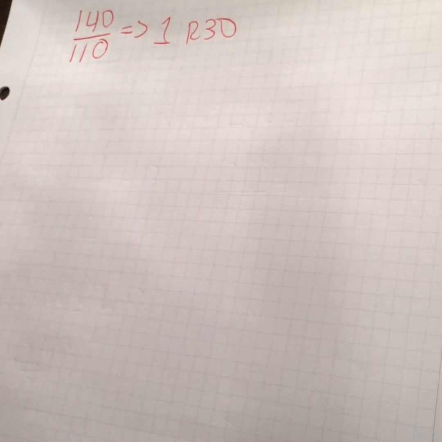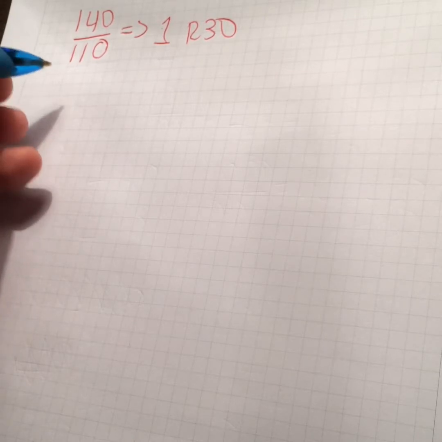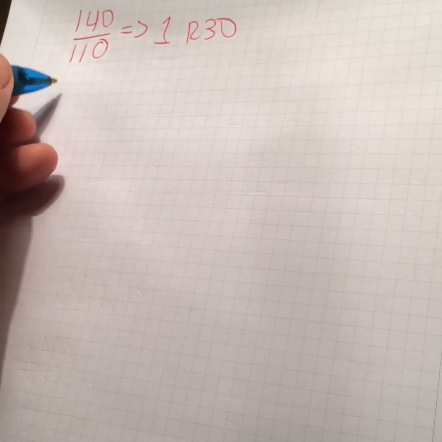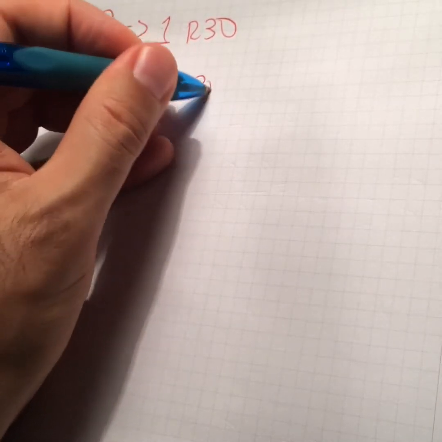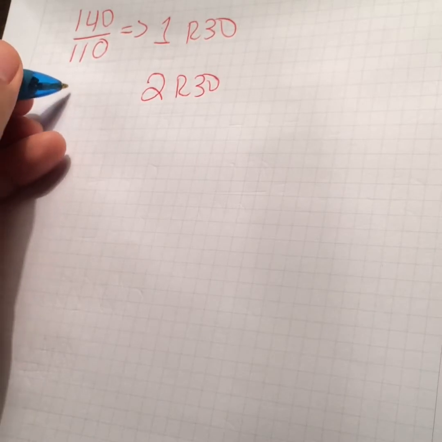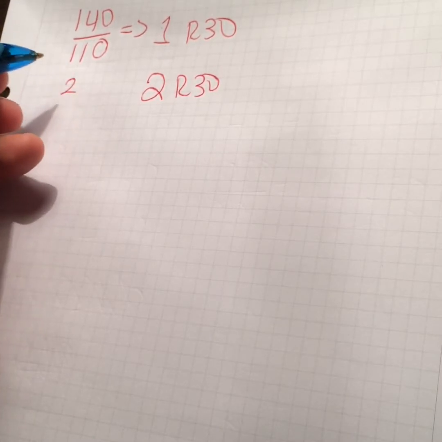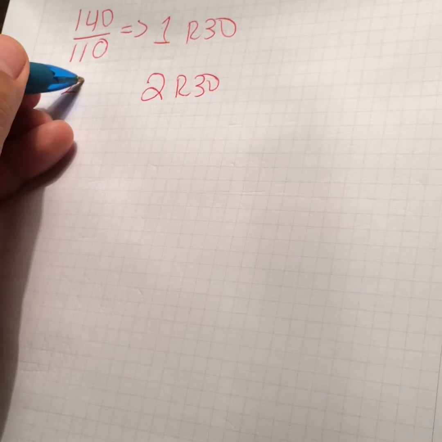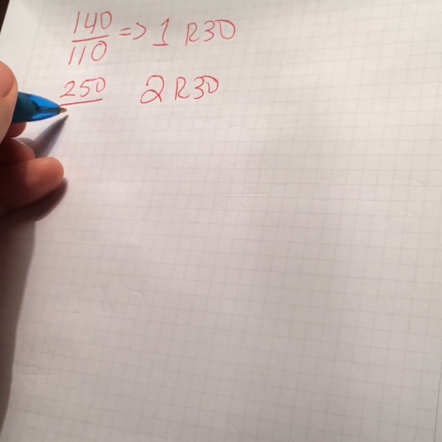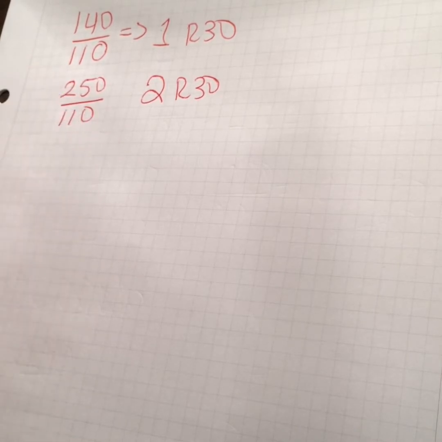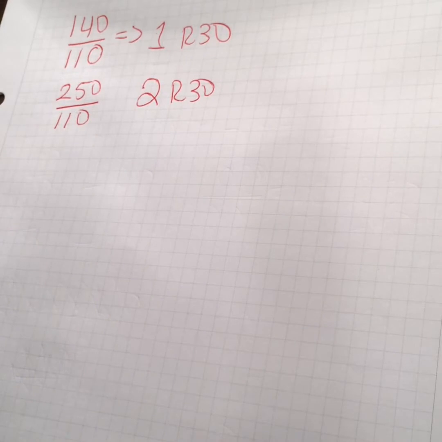Now let's try to create another value of x that would give us a remainder of 30. We would discover that if we look for an answer with 2 units remainder of 30, it wouldn't be 240, it would be 250, right? 250 in this case divided by 110 is 2 remainder 30.